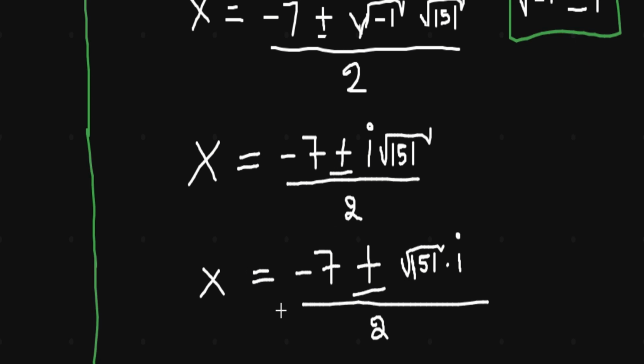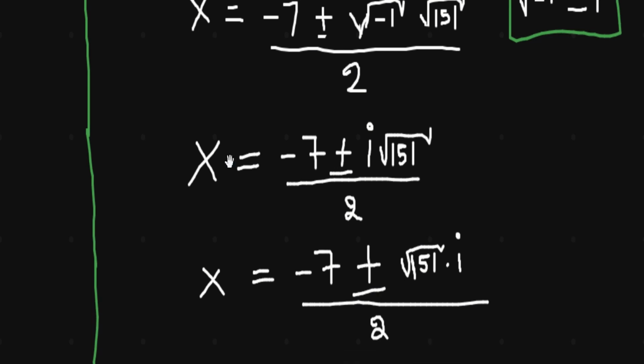So here we wrote x equals minus 7 plus or minus root 151 into I by 2. We wrote I to this side, rearranging the equation: x equals minus 7 plus or minus root 151 I by 2.